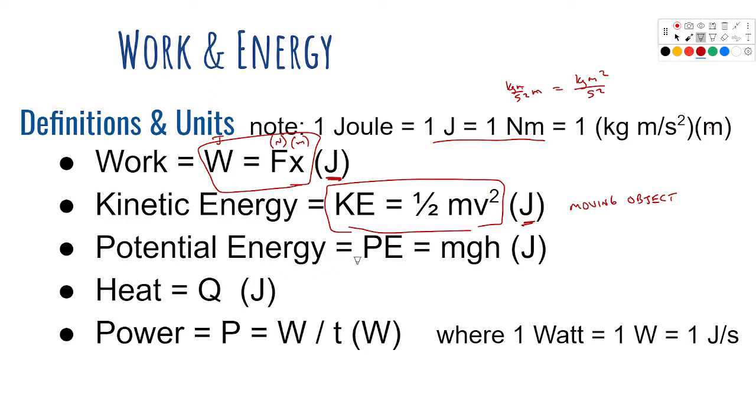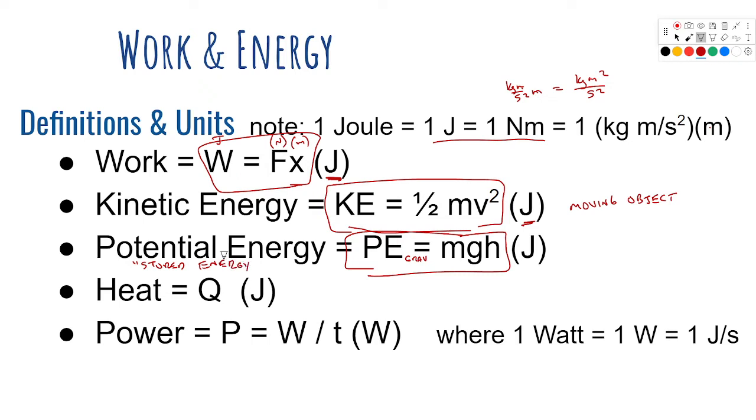Right here, the potential energy. This is also known as the gravitational potential energy. Probably should say that right there. But if I do some work to raise a box of books up in the air, that work that I did gets stored in there as potential energy. So I'd kind of like you to think of this as stored energy. Sometimes you'll see it's energy by virtue of position.